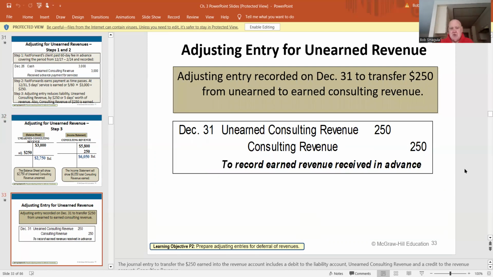And here is the journal entry. Adjusting entry recorded on December 31st to transfer $250 from unearned to earned consulting revenue. Debit unearned revenue. We know now that debits reduce a liability, and we're going to credit revenue, knowing that revenues are increased by a credit.